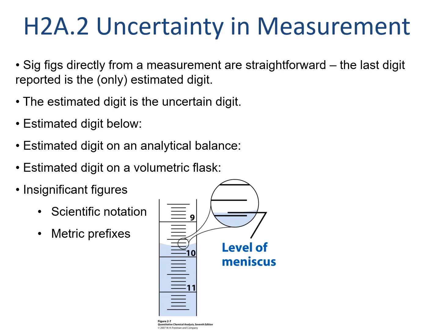We can also see that in measurements that we do in the lab. On the graduated cylinder that's shown, the 2 certain digits are 9.6. Look at it and see if you can clearly see that the liquid falls between the 6th line down from 9 and the 7th line down from 9.